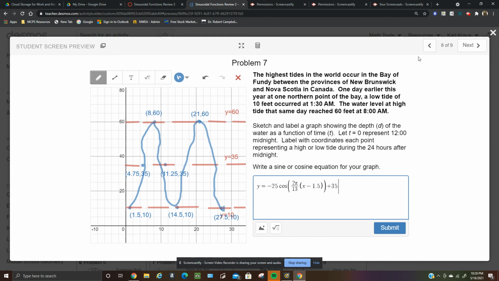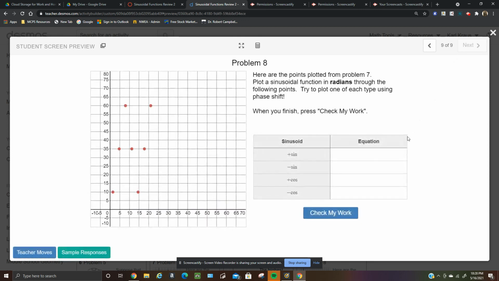So on the next slide, I can use that as my negative cosine curve.